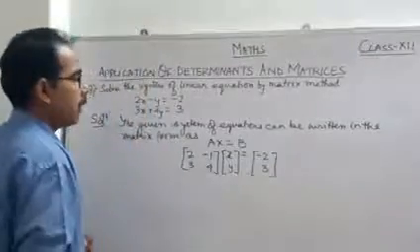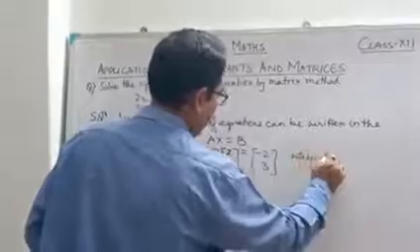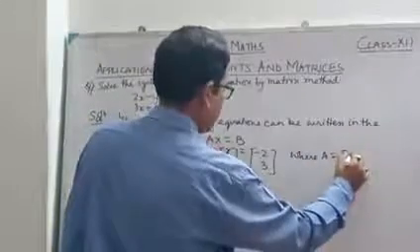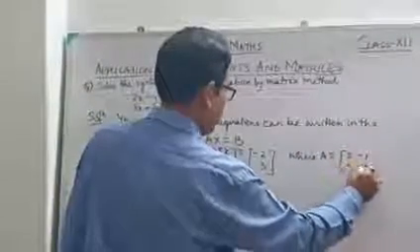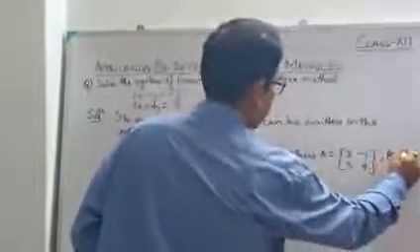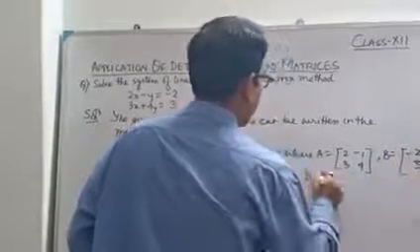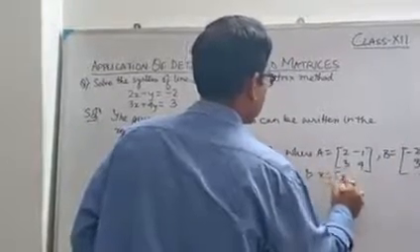So obviously you can get it here, where A is equal to [2 -1; 3 4], B will be [-2; 3], and x is [x; y].